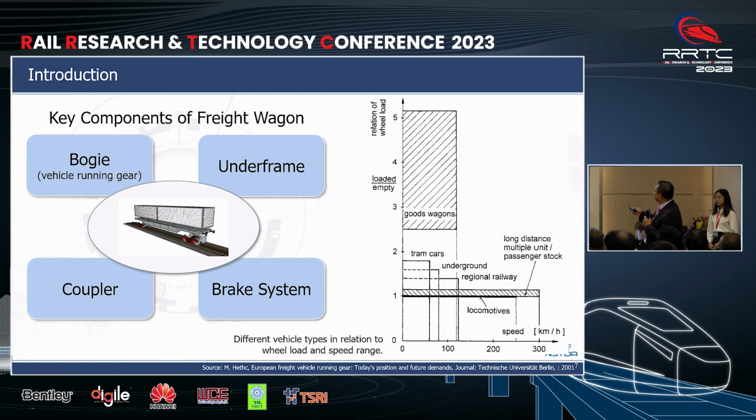The number is above 5. In comparison to another railway, for example the Tamka, the loaded-to-empty ratio is just below 2. And a passenger coach might be around 1, or a little bit more than 1.